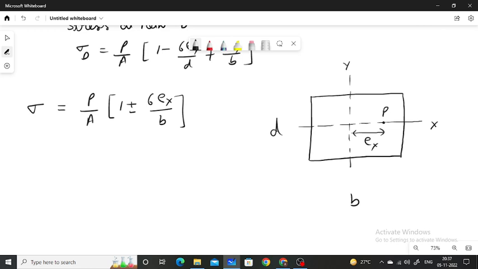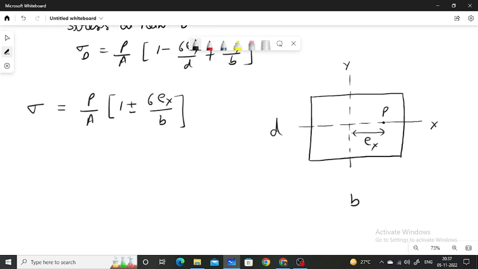In that case, failure will occur because the columns are generally made from the brittle materials, and brittle materials do not have very good tensile strength. The brittle materials have good compressive strength, but their tensile strength is not very good.